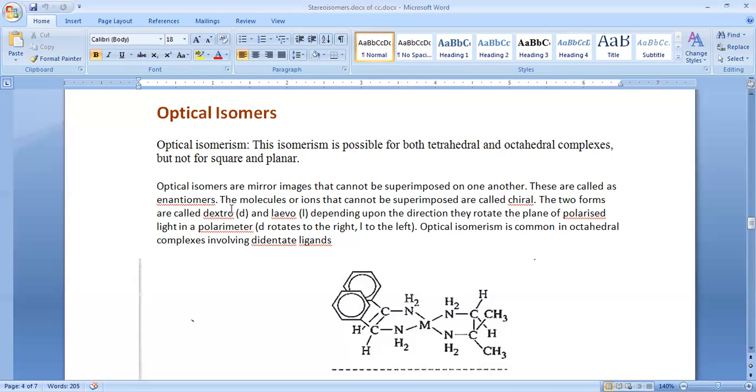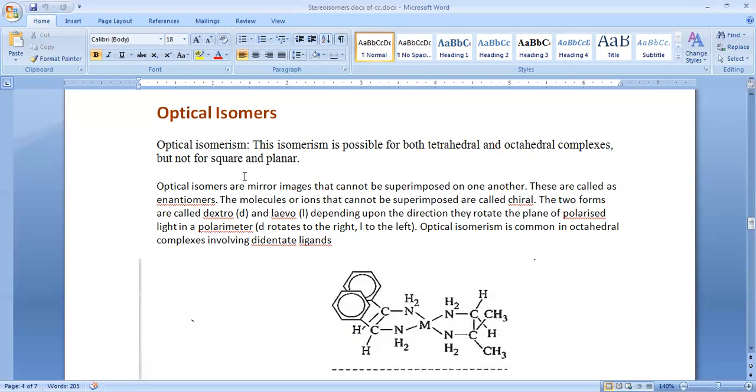One more possibility is that the PPL light is rotated to the left hand side by theta degrees, and then that isomer is designated as levo. For example, honey is levorotatory, or else fructose is levorotatory.